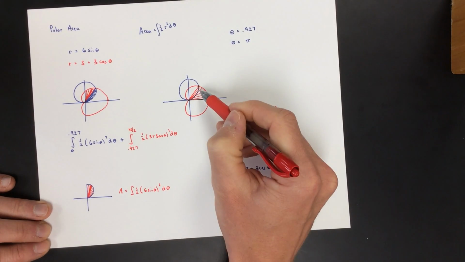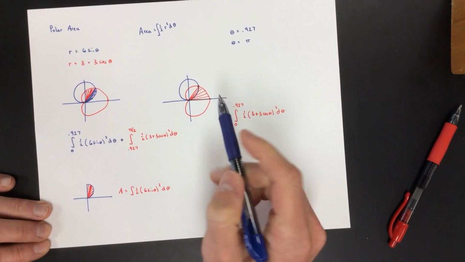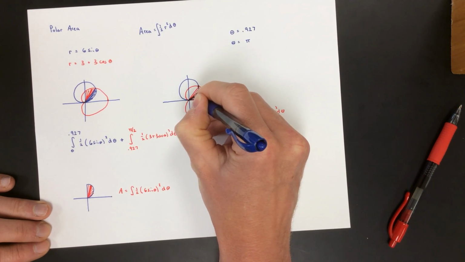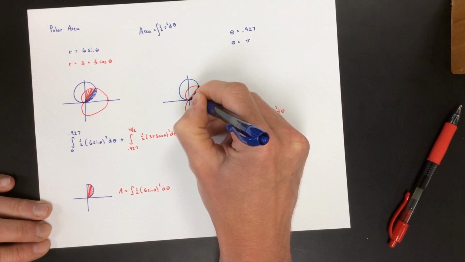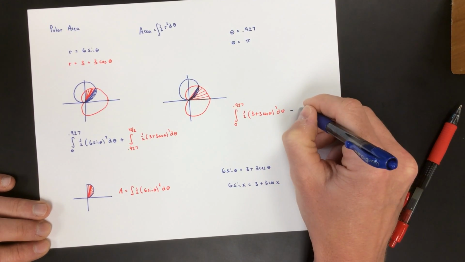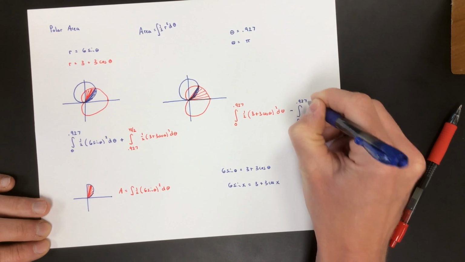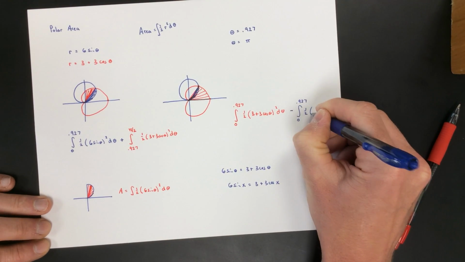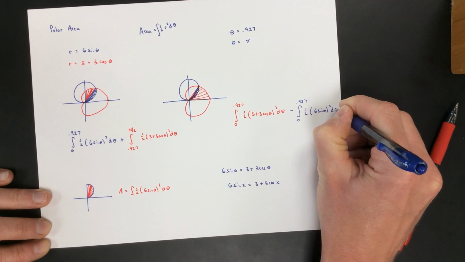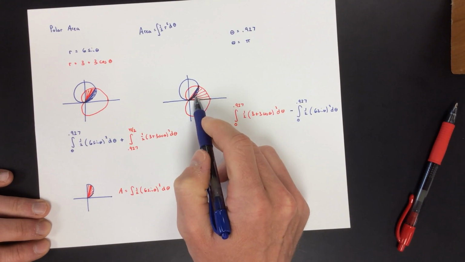But we don't want this whole red. We just want inside the cardioid but outside the circle. So what do we have to do? We have to subtract this area, which is the blue. So we subtract the integral from 0 to 0.927 of 1/2 the blue, (6 sine theta) squared d theta. And now we actually have the area inside the cardioid and outside the circle.